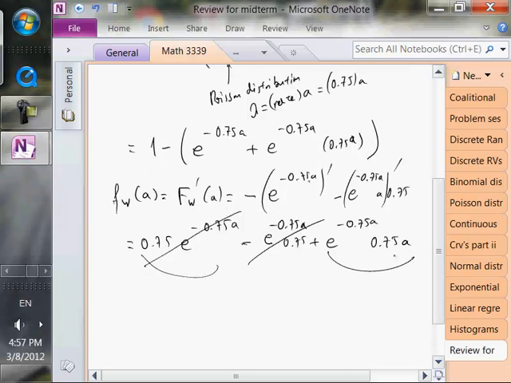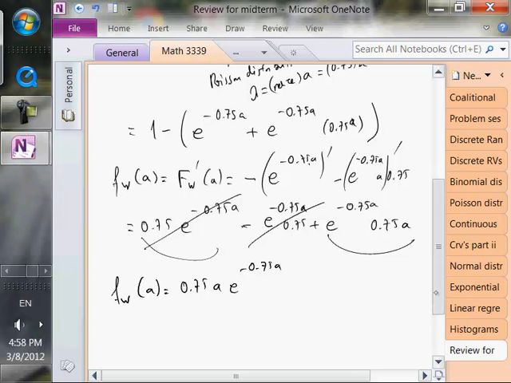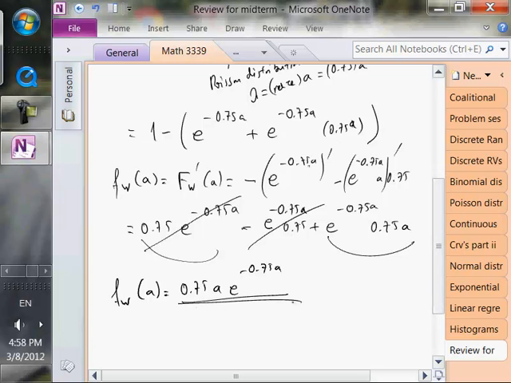What function is this here? So you have f of w of a is equal to 0.75 times a e to the negative 0.75 times a. That's exactly gamma.